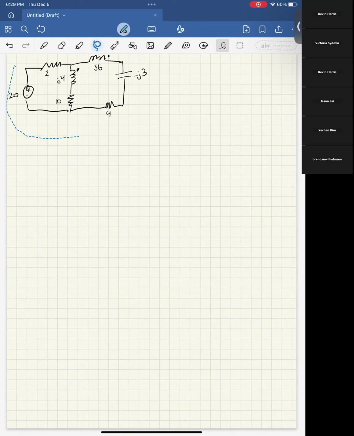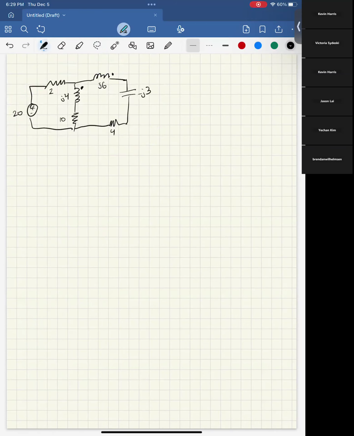Okay, so this is our problem, and it says write all the equations to find the voltage drop across the 10 ohm resistor.